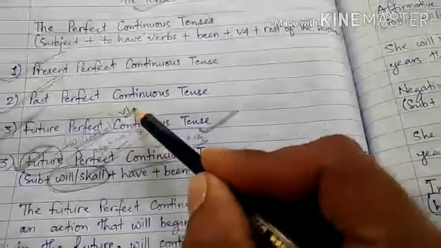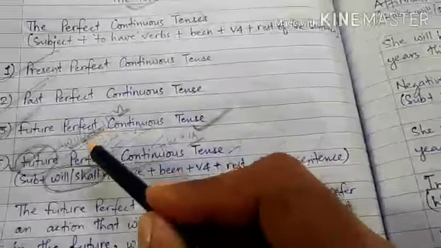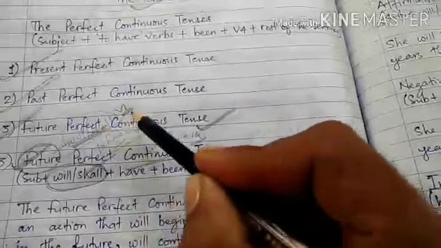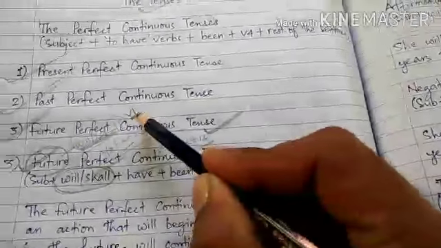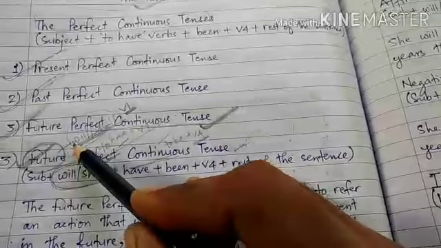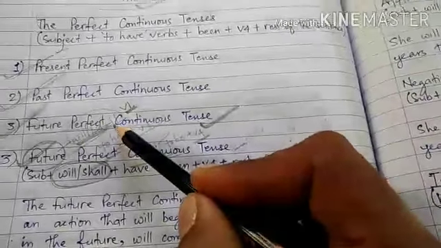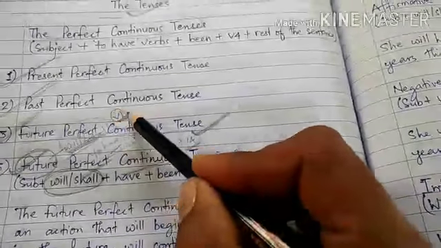So when we know that when we use modals will and shall, the main verb that comes after the modals will and shall is always B1. That means in future perfect continuous tense also when we use will or shall, then after that whatever the verbs come we need to use B1.